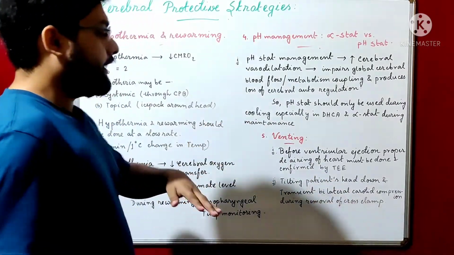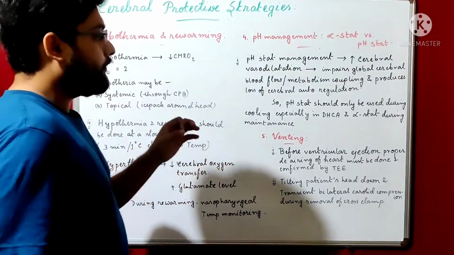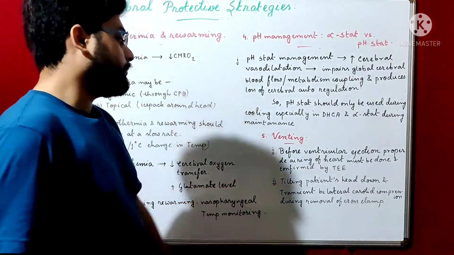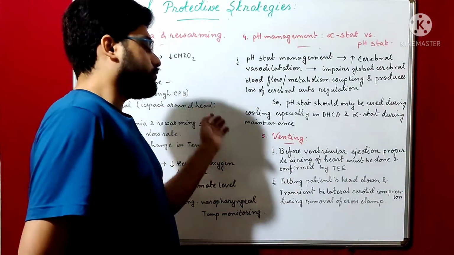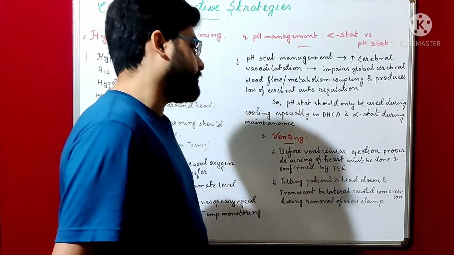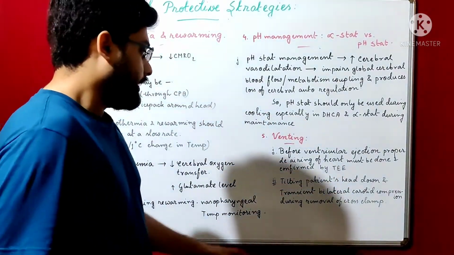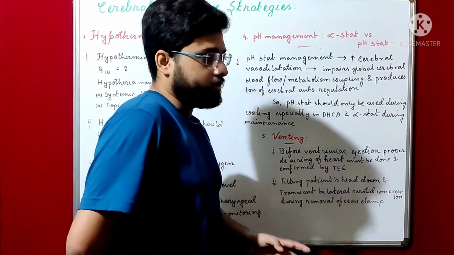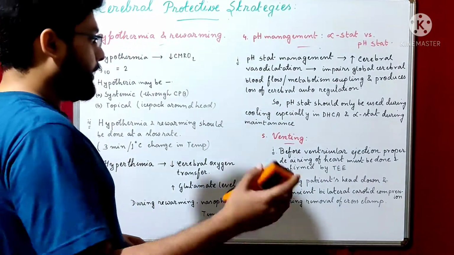So if the head is tilted down, any air that entered the patient's circulation during removal of the cross clamp will not go to the cerebral circulation. And with bilateral carotid compression, if the carotid arteries are compressed, then no air will pass through the carotid arteries towards the brain.